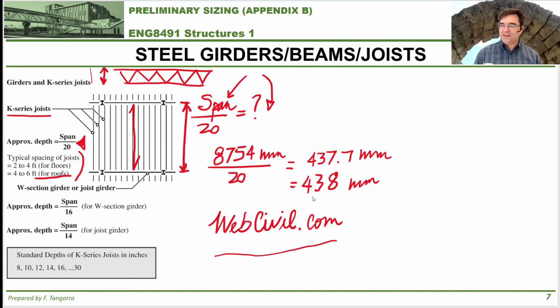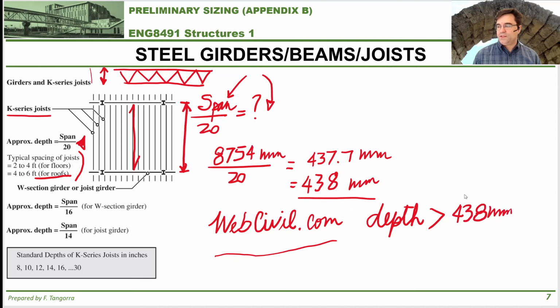You want to select the depth for an open web steel joist that's more than this. Okay, so again, let me make sure I write that down correctly. The depth that you select must be more than 438, right? Because this is the minimum that we obtained using this rule of thumb. So we don't want anything less than that.